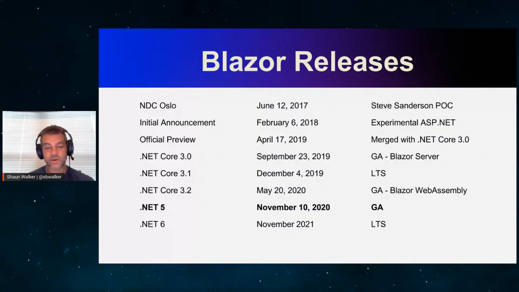And that was still a GA release, and so Blazor WebAssembly is still deemed to be GA. It doesn't have long-term support on it quite yet, but coming up this November will be .NET 6, and both flavors of Blazor, both server and WebAssembly, will be deemed to be LTS at that point.